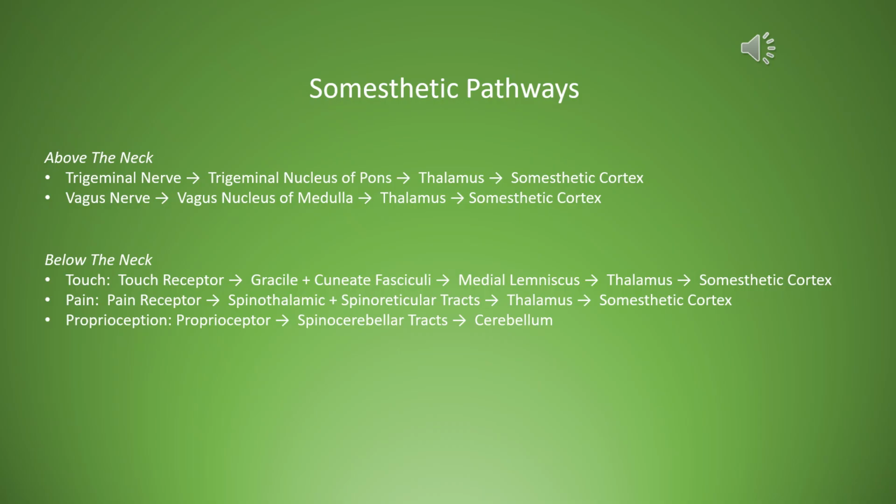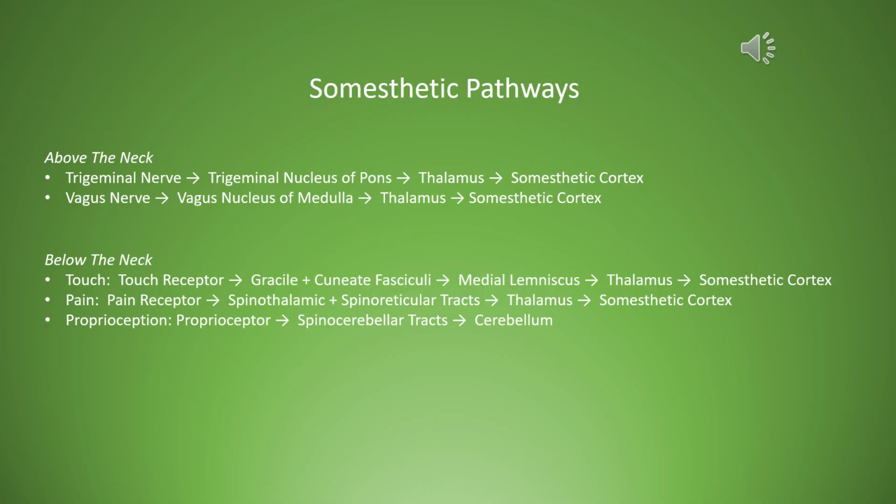Okay, signals coming from below the neck. Well, we talked about these when we talked about the pathways in the spinal cord. So we have these touch receptors, such as those that are located in the skin, or the Golgi tendon organs, or the muscle spindles. Those are receptors of touch. So from our receptor, we travel up the back alleyways of the spinal cord.